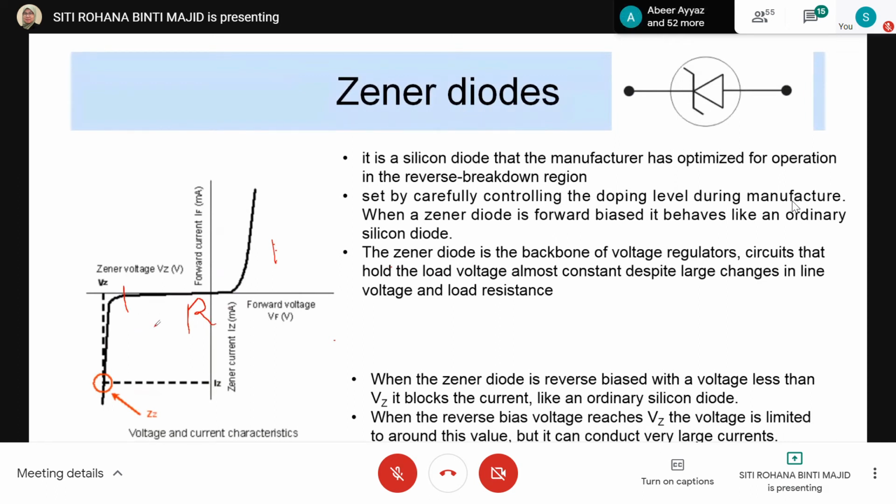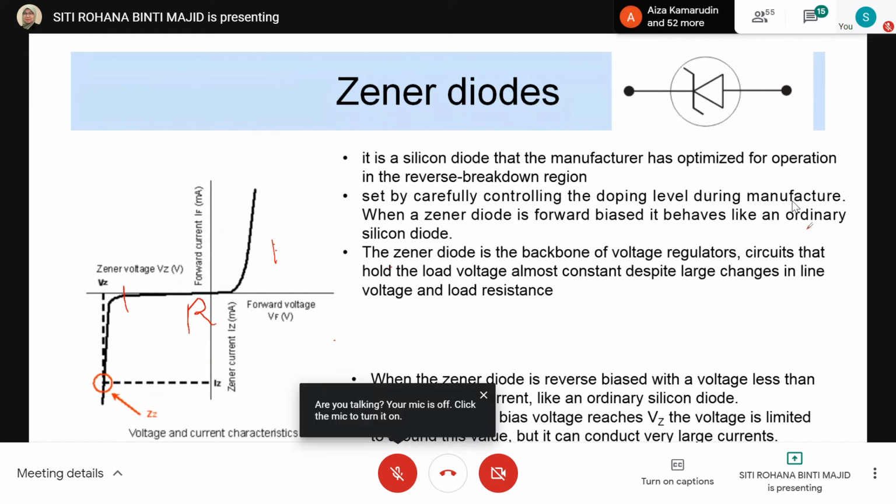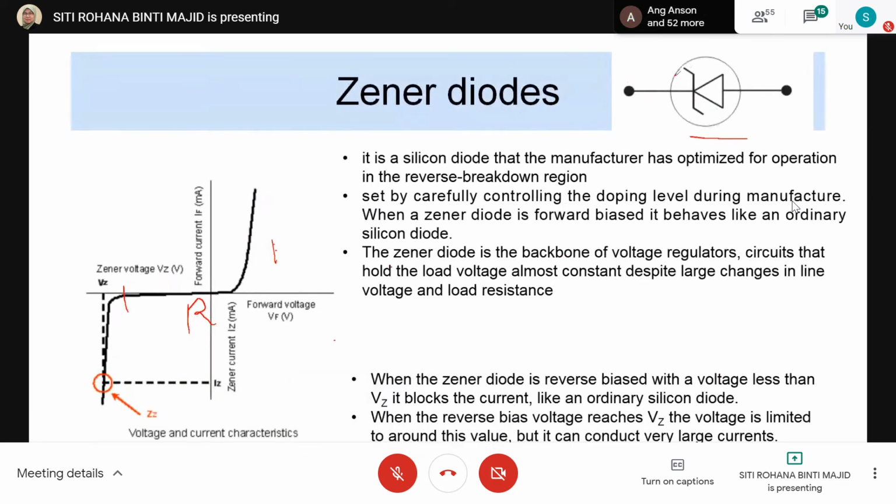But for Zener breakdown, we can take advantage of it to fabricate a Zener diode, and the symbol of the Zener diode is like this. It is a diode, but with a bent bar, something like a Nazi border.